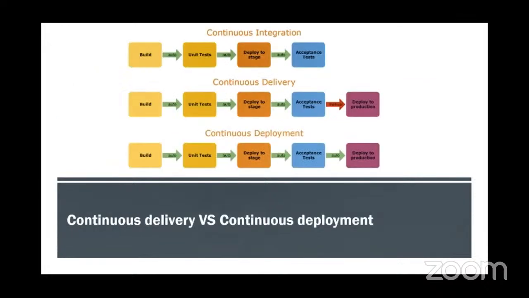The three terms are continuous integration, continuous delivery, and continuous deployment. Right? In this, continuous delivery and continuous deployment are almost the same, except that in continuous delivery, the testing part is manual, while in continuous deployment, the testing is automatic.